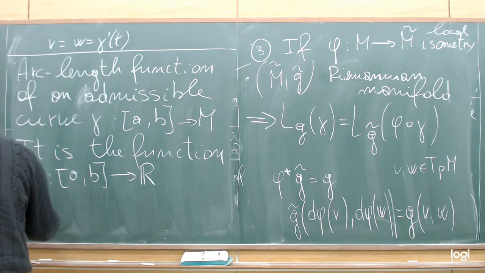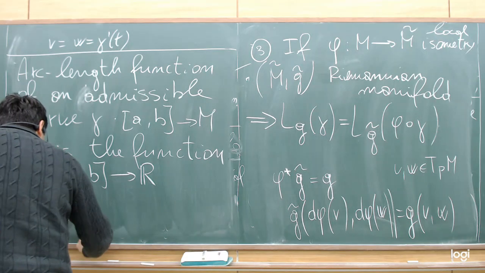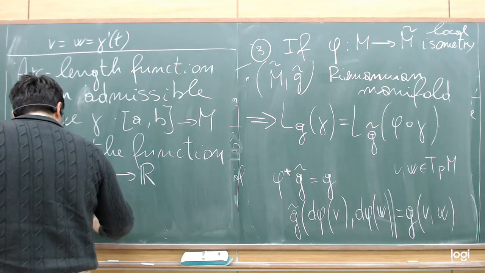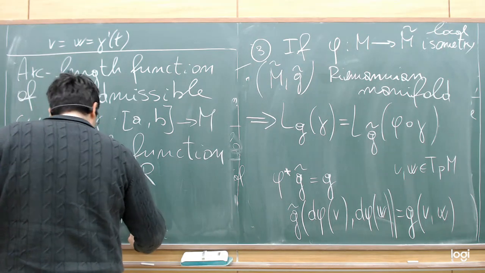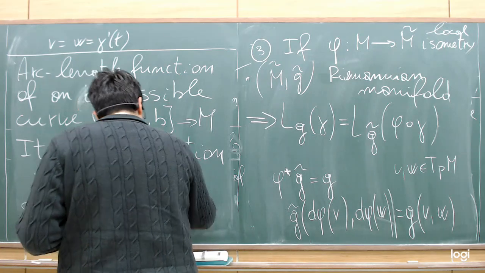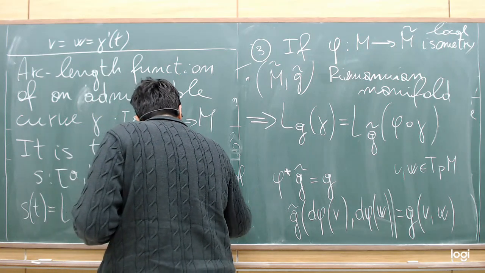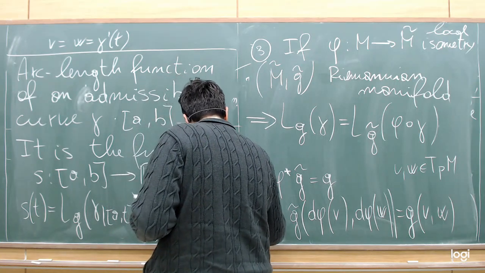defined this way: S of t equals the length of gamma restricted to the subinterval, that is the interval from a to t, of the norm of gamma prime u du.